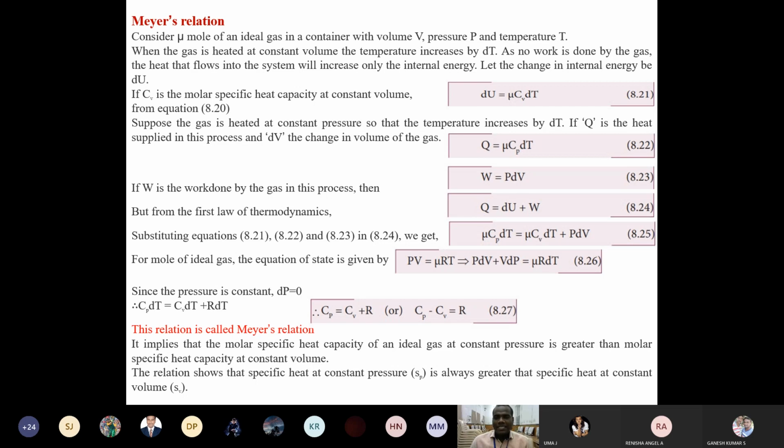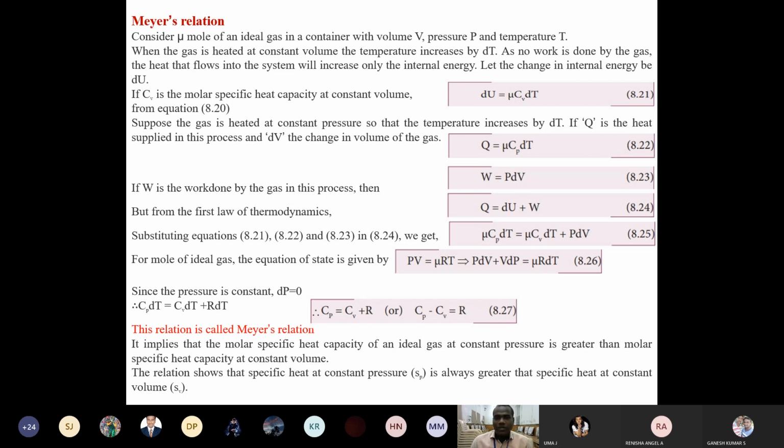Suppose the gas is heated at constant pressure, so the temperature increases by dT. If Q is the heat supplied in this process, and dV is the change in volume of the gas, this is a constant pressure process, in contrast to the constant volume process. Then Q is equal to mu Cp dT.